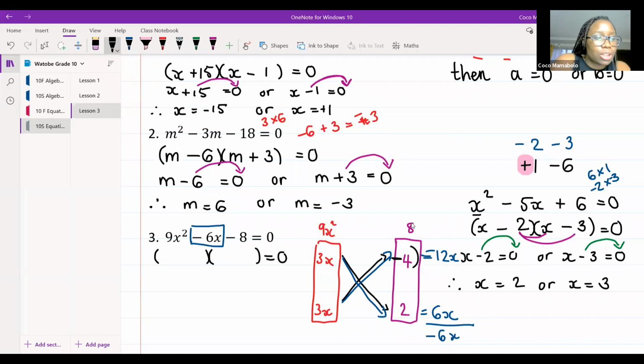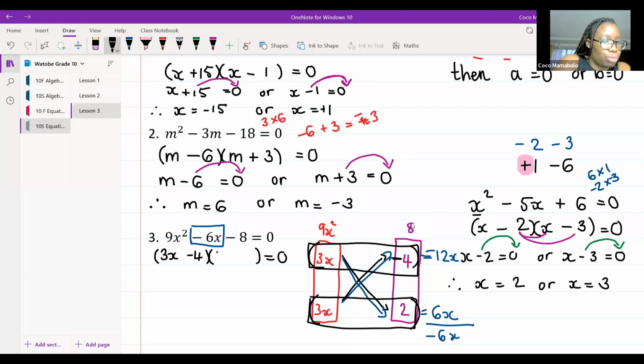So I'm going to put these in my brackets exactly the way they are here. Okay, so I'm going to get 3x minus 4. I'm reading it over here, guys. That's my first bracket. And my second bracket is down here, 3x plus 2.